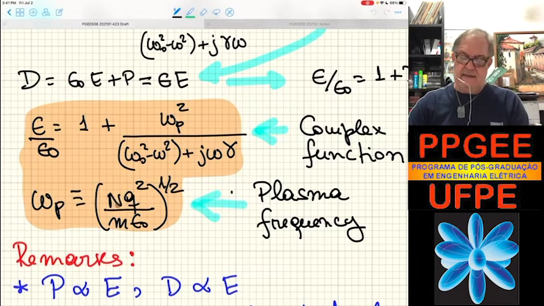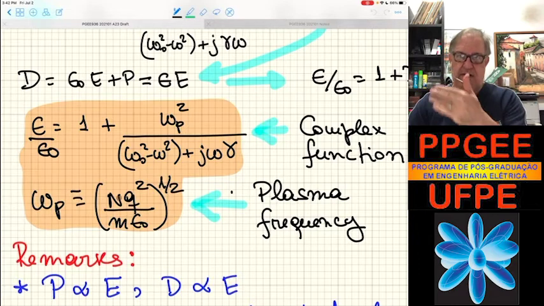And the plasma frequency is proportional to the square root of the density of electrons or atoms or dipoles, right? Times the square of the charge, over electron mass and permittivity epsilon 0. So the higher the density, the higher this parameter. This is an important parameter. Okay, we're going to talk about what it means.